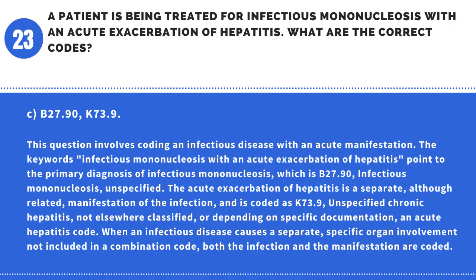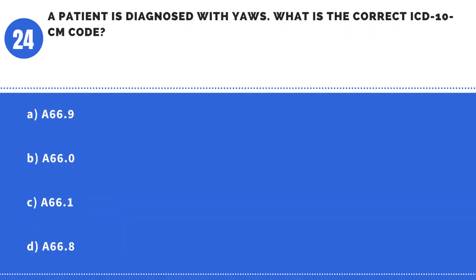The acute exacerbation of hepatitis is a separate, although related, manifestation of the infection and is coded as K73.9, unspecified chronic hepatitis, not elsewhere classified, or, depending on specific documentation, an acute hepatitis code. When an infectious disease causes a separate, specific organ involvement not included in a combination code, both the infection and the manifestation are coded.